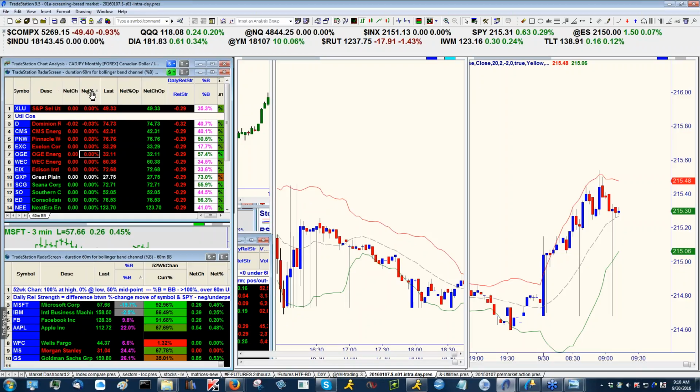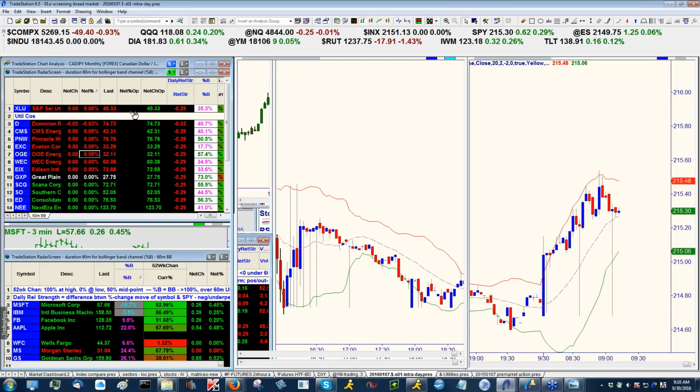If you notice, this is the traditional stuff: the net change, the net change from the open, and the net change percentage. Of course, this is measured from the previous trading day's close. So once the market's rolling, this will show the change from the close at 4 p.m. yesterday in absolute terms and in percentage terms.